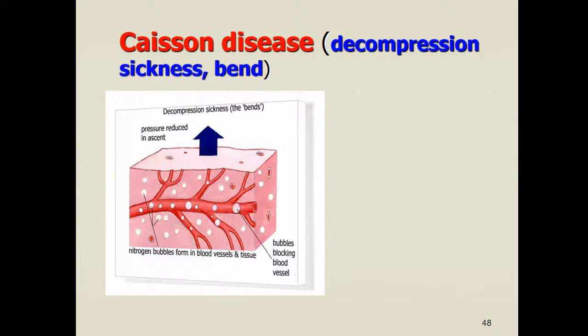If they rise too fast and go back to the surface too fast, this extra dissolved nitrogen evaporates from blood as bubbles. These bubbles block blood vessels, separate in tissue, cause severe pain, and can lead to paralysis and death.